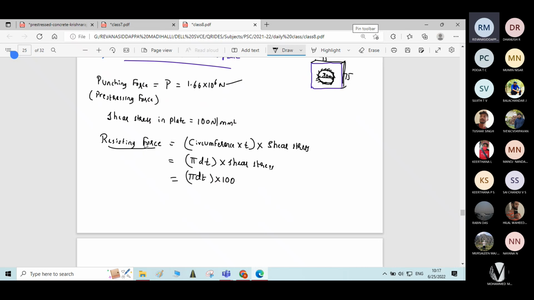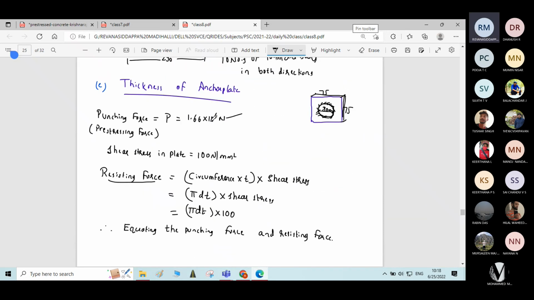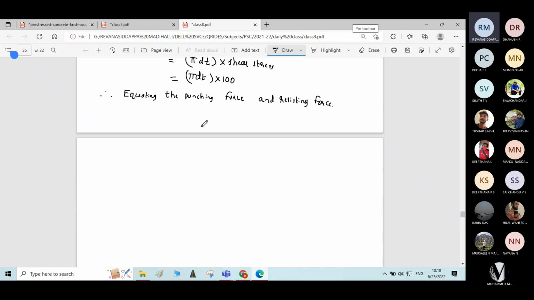So now we have to equate the punching force and the resisting force. Punching force is 1.66 into 10 power 6, and this is equal to the resisting force.